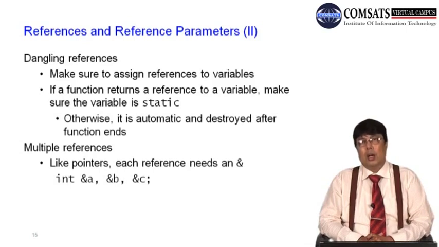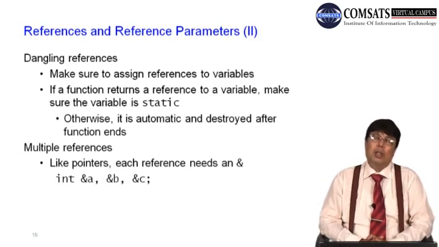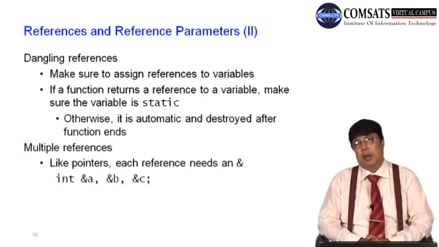Once you exit or return from the function, all the variables defined within it are automatically lost. So if you are returning the address of such a variable to the calling function, that variable will be lost.